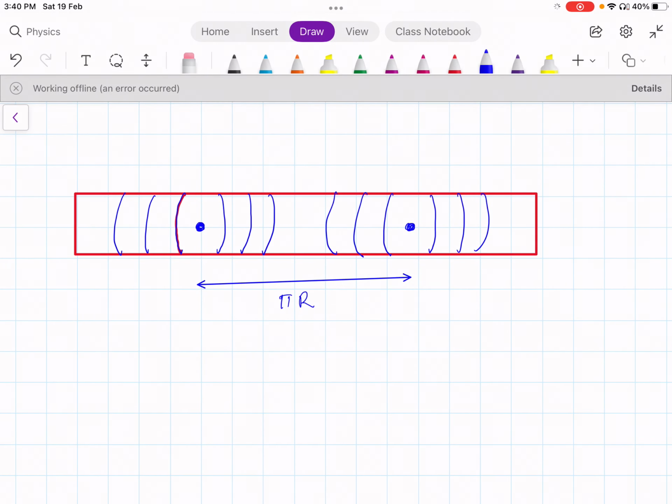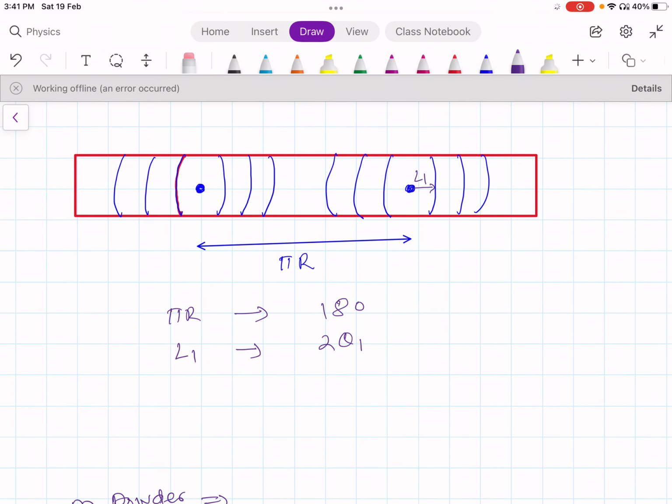So this distance pi r corresponds to angle 180 degree, and let's say this is length L1. This length L1 corresponds to diffraction angle 2 theta 1.